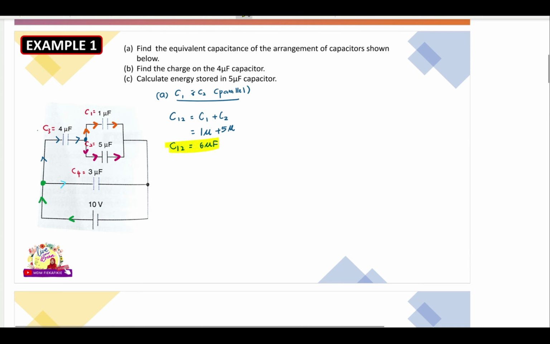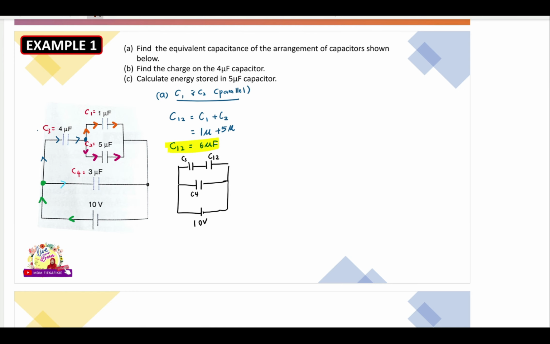Okay, belum jawapan lagi. Alright, and then bila kita dah settlekan C12, okay, so circuit kita akan jadi macam mana? So dia akan jadi macam inilah. So kita ada C3 here and here is C12. Alright, and then we have C4 here. Okay, and this is the battery. Okay, so now look at here, we can try to solve for C3 and C12.